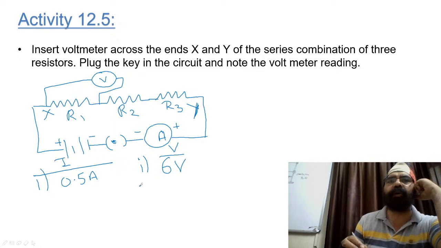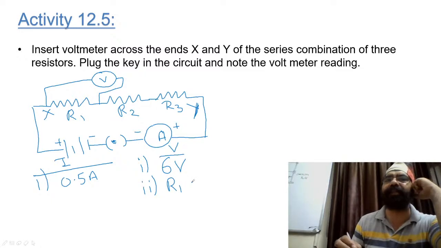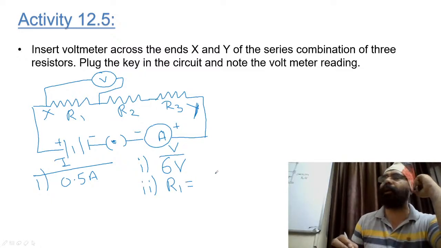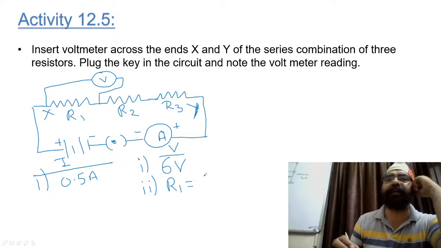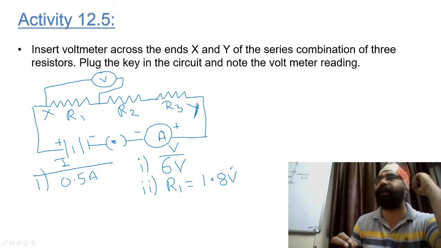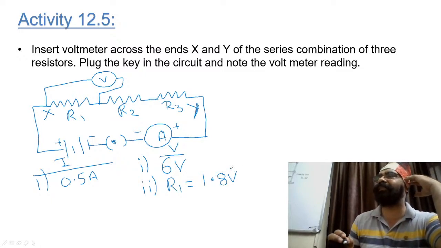The second reading is giving me the potential difference across the resistor R1. I see that it comes out to be 1.8 volts, suppose. We are just approximating. This time the reading is different.